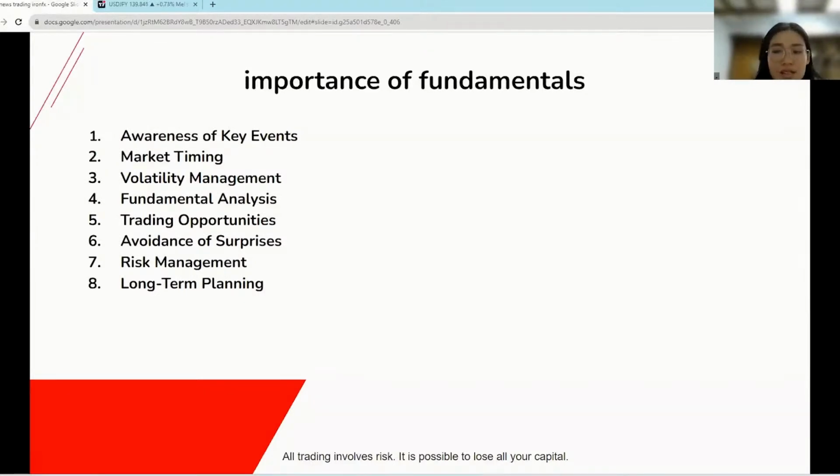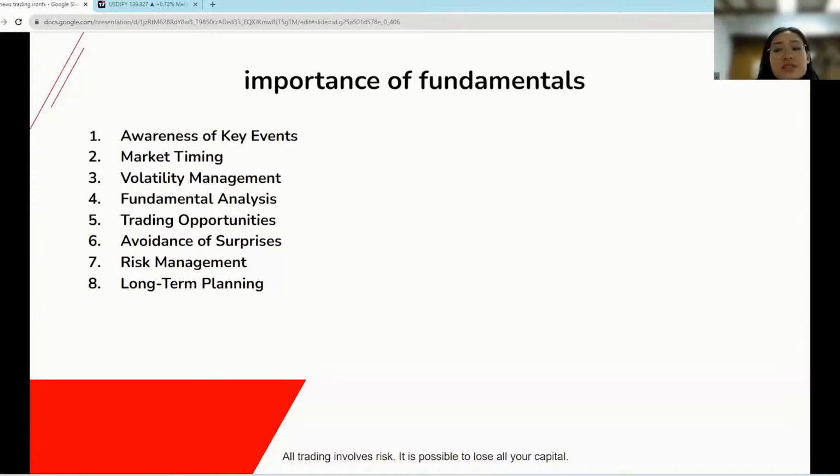So an economic calendar keeps you informed about important economic and financial events, such as central bank announcements, economic data releases, and geopolitical events. So this awareness helps you to stay ahead of significant market-moving events and their potential impact on the financial markets.